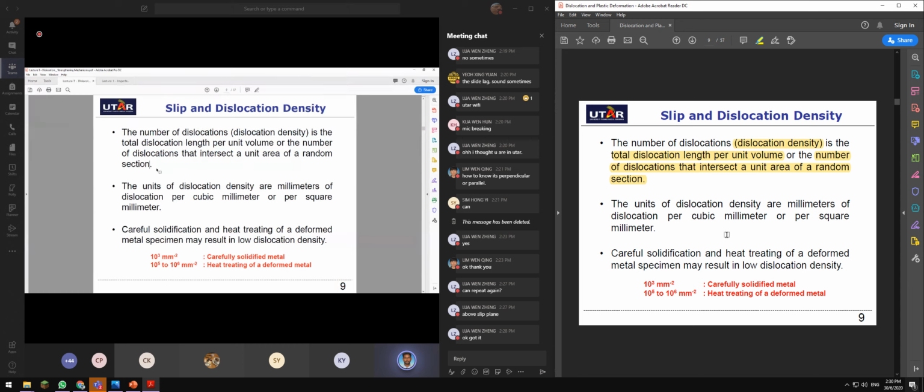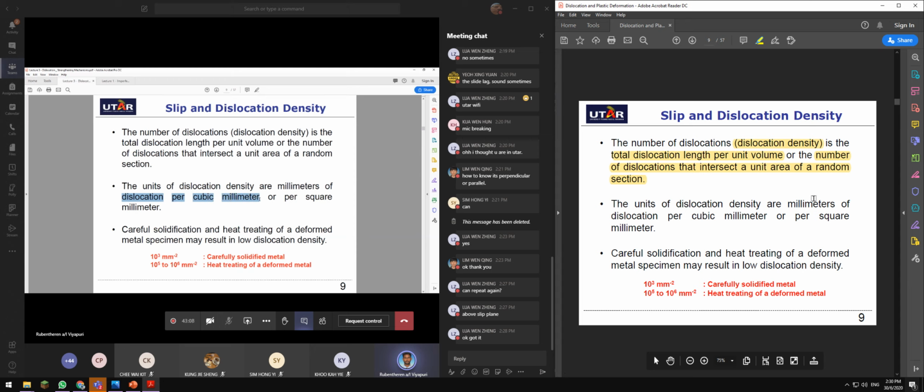Highlight these. The units for dislocation density are millimeters of dislocation per cubic millimeter, or per square millimeter.